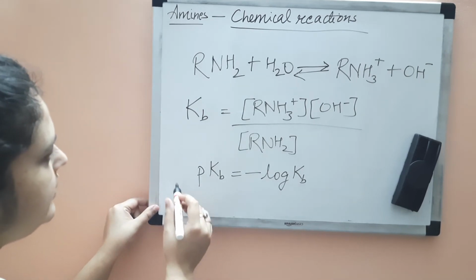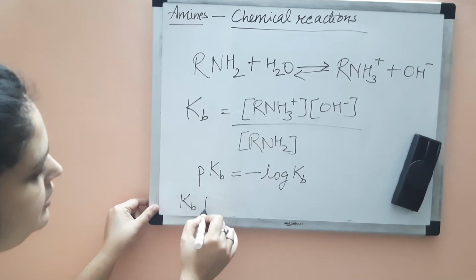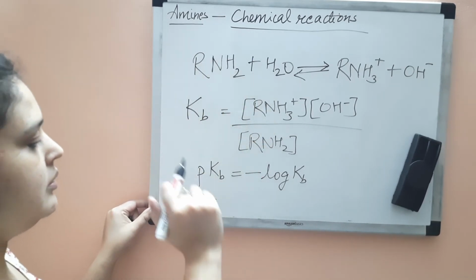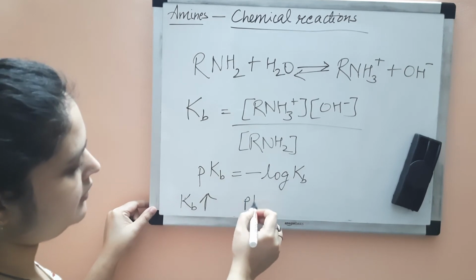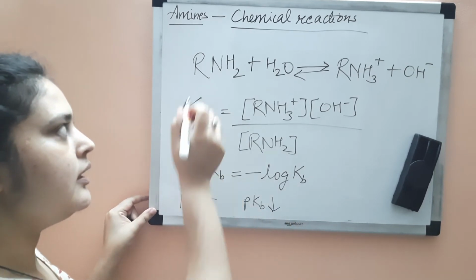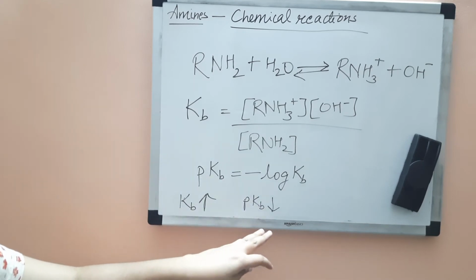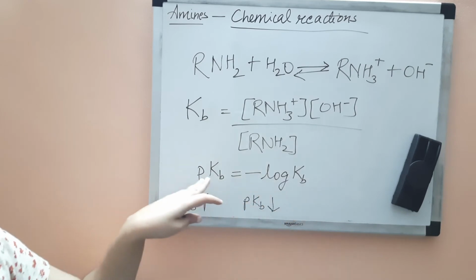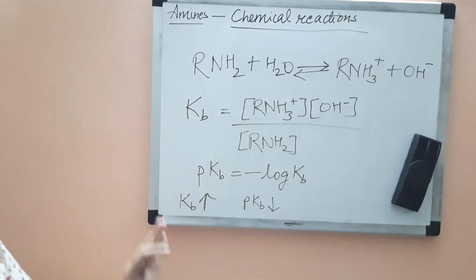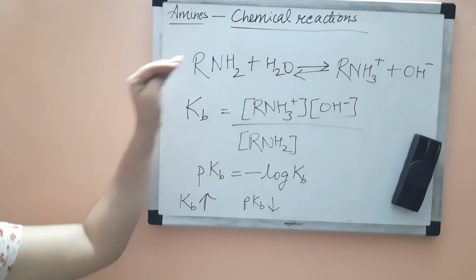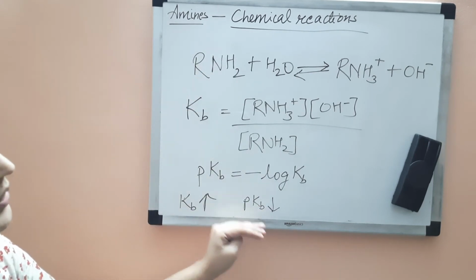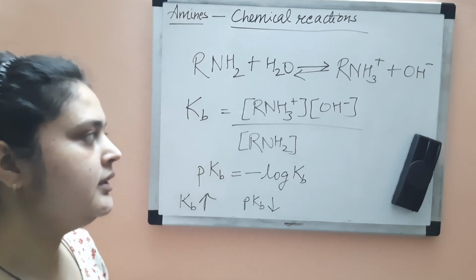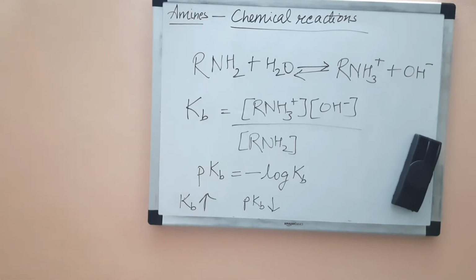The higher the Kb value, the higher the basic nature of amines, and the lower the pKb, the higher the basic nature of amines. Why lower pKb? Because it is minus log of Kb, so these are inversely related. So higher the Kb, higher the basicity, and lower the pKb, higher the basicity of amines.